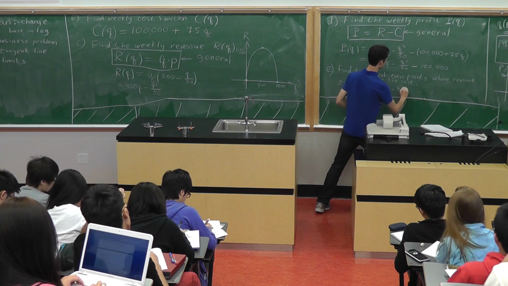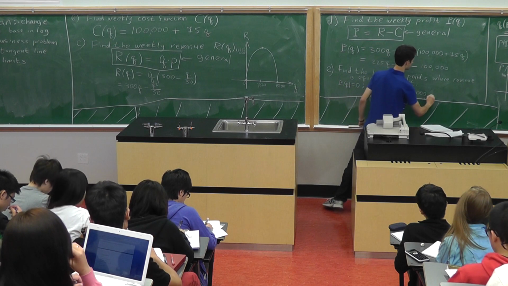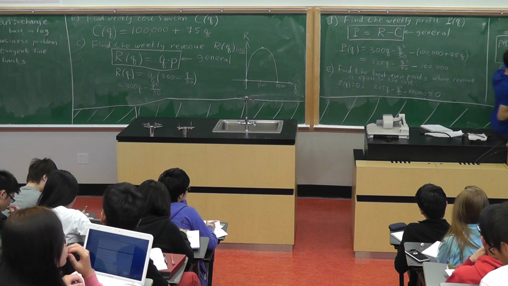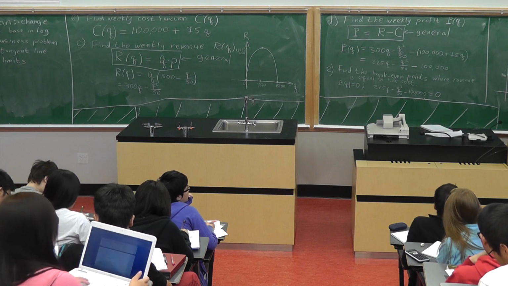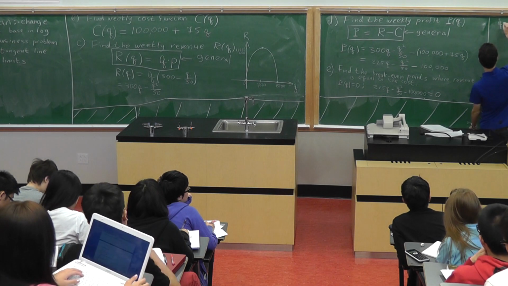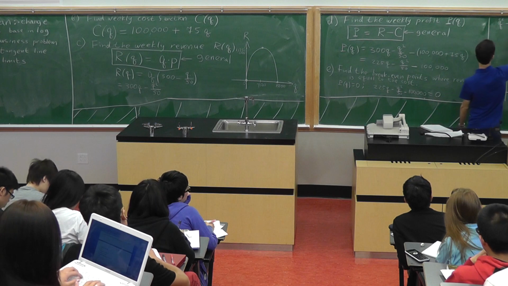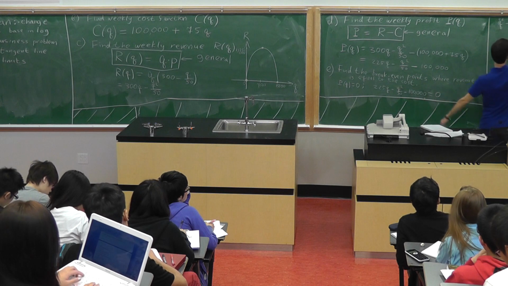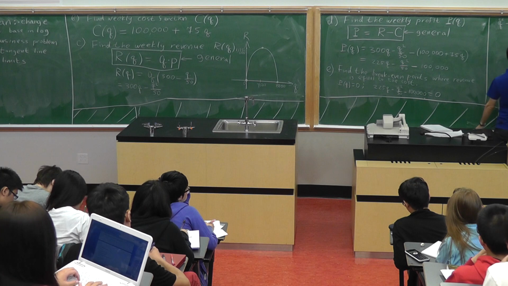225Q minus Q squared over 50 minus 100,000 is equal to 0. Let's rewrite it. Let's multiply by 50 and eliminate the minus signs. So Q squared minus 50 times 225Q plus 50 times 100,000.